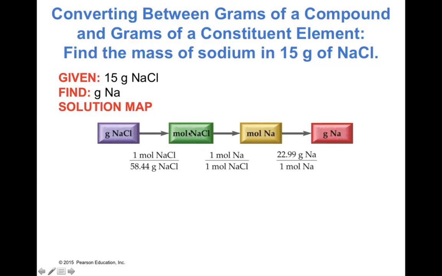Now we have the moles of sodium chloride, so we can go from moles of sodium chloride to moles of sodium by using the conversion factor that we can obtain from the chemical formula, because we can see here that in 1 mole of sodium chloride, how many moles of sodium do we have in the chemical formula? Just 1.